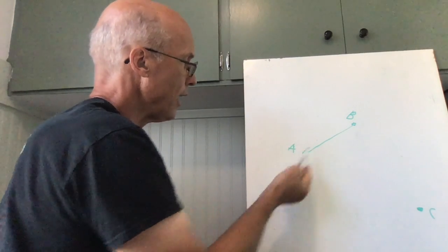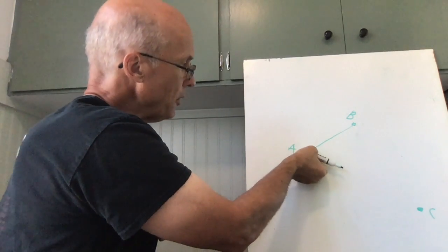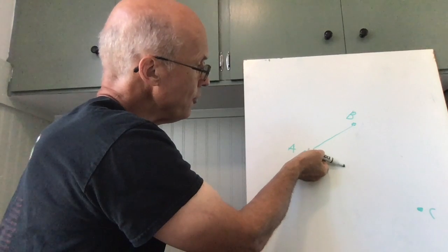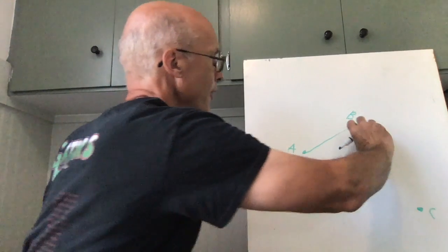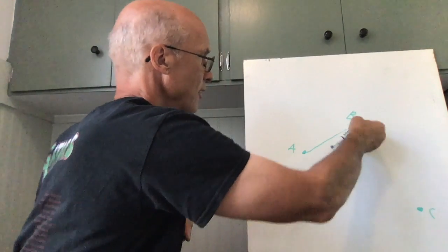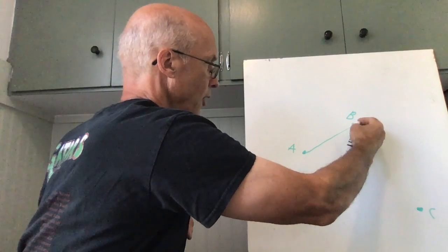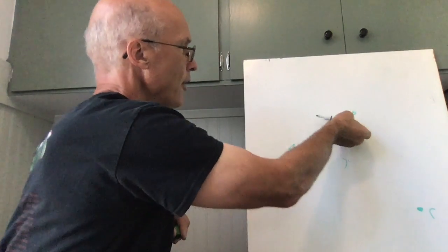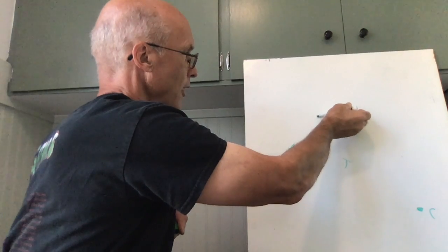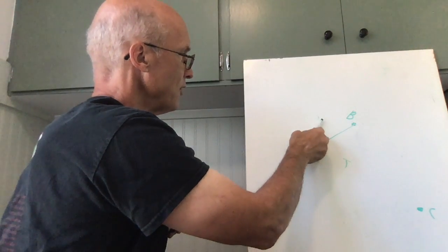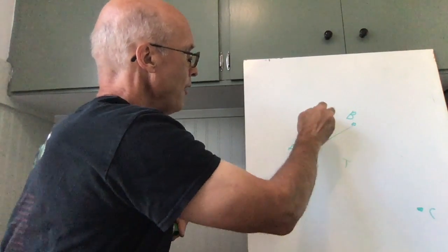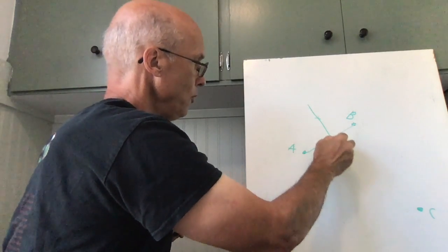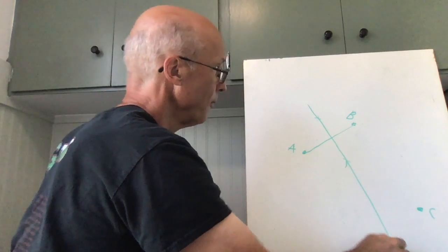So remember how you do that? You reach out with your compass and you draw a little arc, then you reach out the same distance and you draw a little arc, and then you reach out the same distance up here, draw an arc, reach out the same distance here, draw an arc, and then you draw a line through those points.